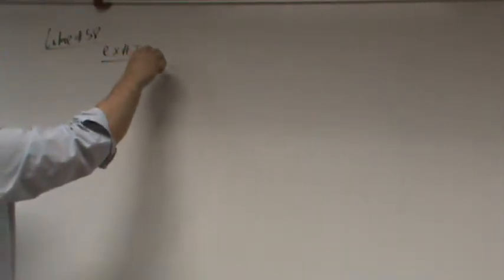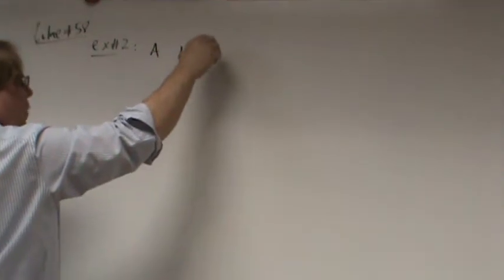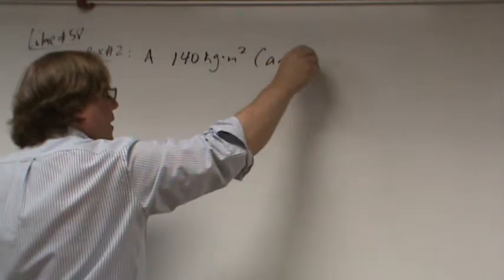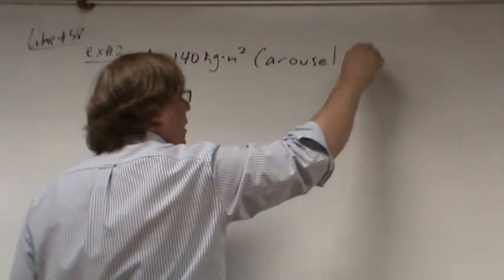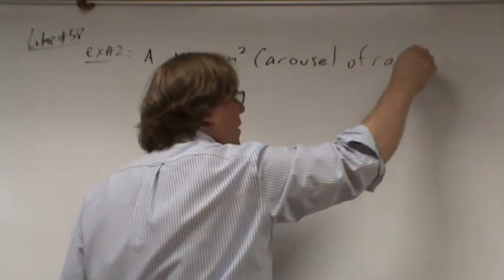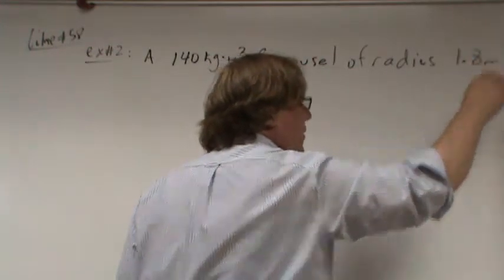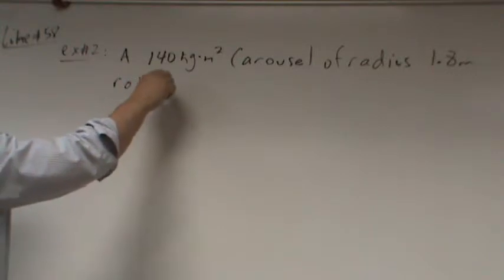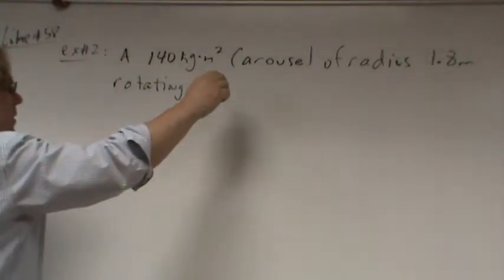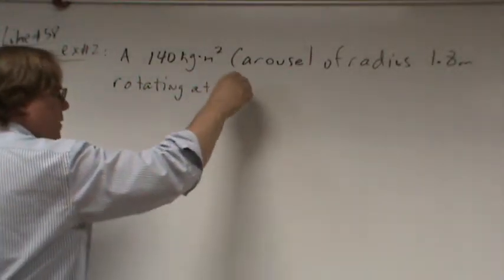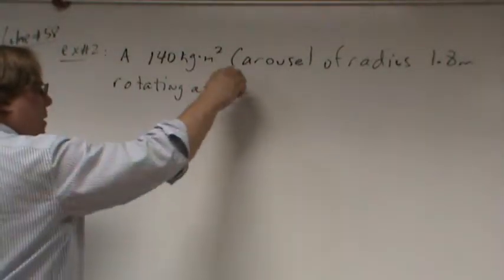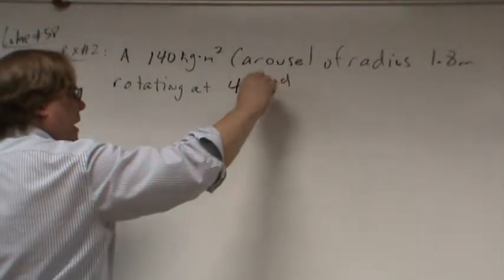It's example number 2. Okay, I've got a 140 kilogram meter squared carousel of radius 1.8 meters rotating at, now let's say, 4.0 radians per second.